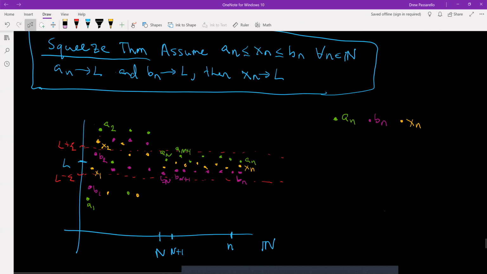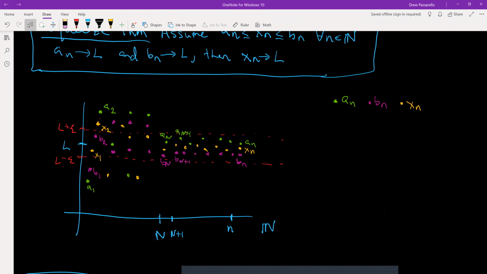And so, just a picture. We have our indices on the x-axis and the actual values of the sequences on the y-axis.